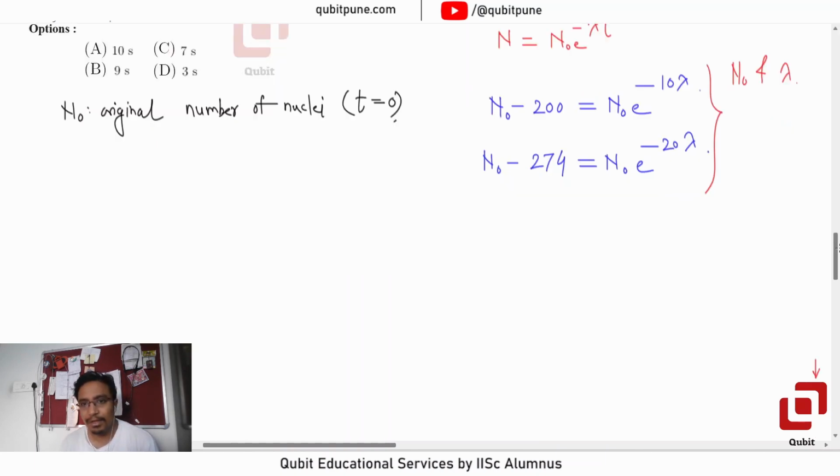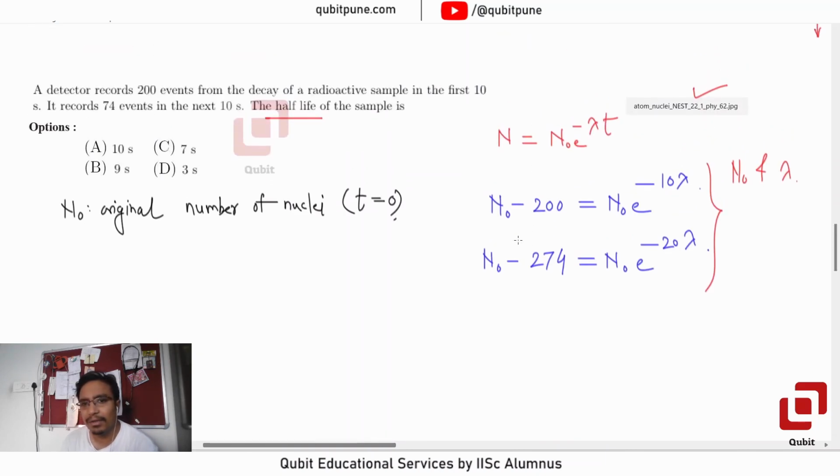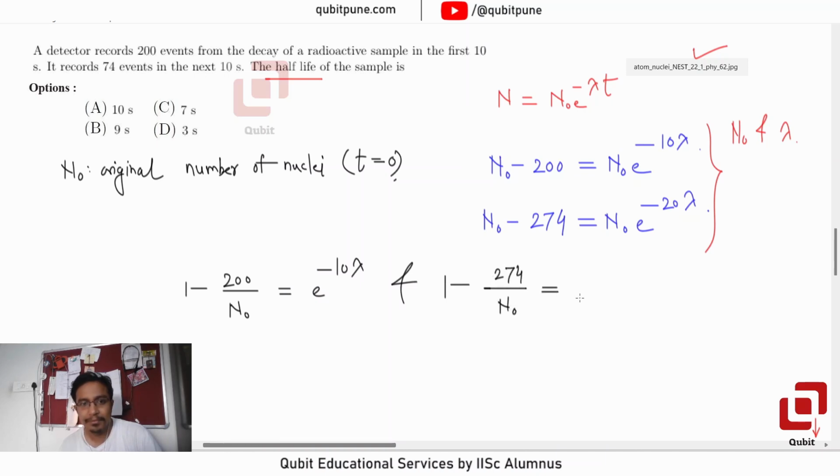Subtraction will not get rid of n0 because n0 will still remain there. We should divide both the equations by n0. So we will get 1 minus 200 by n0 equaling e raised to negative 10 lambda, and 1 minus 274 upon n0 will be e raised to negative 20 lambda.